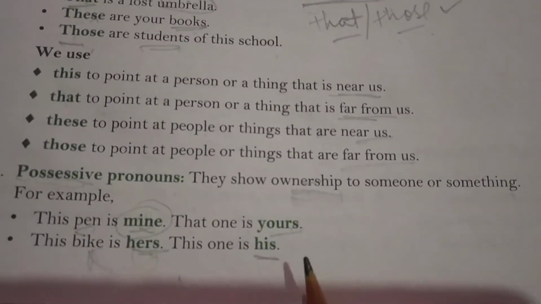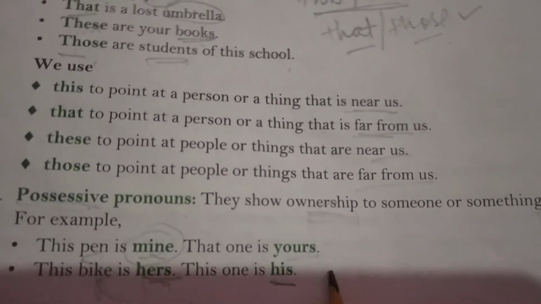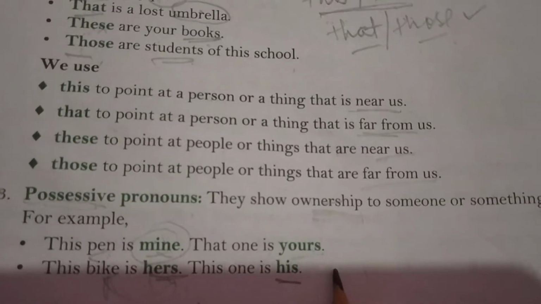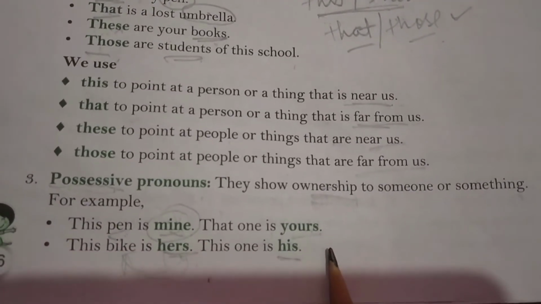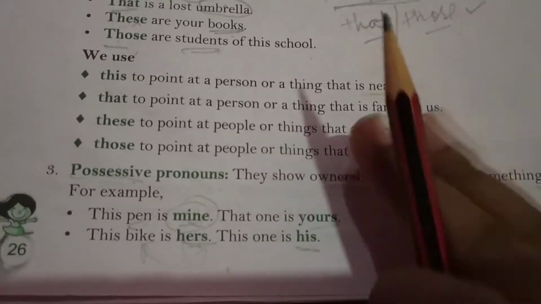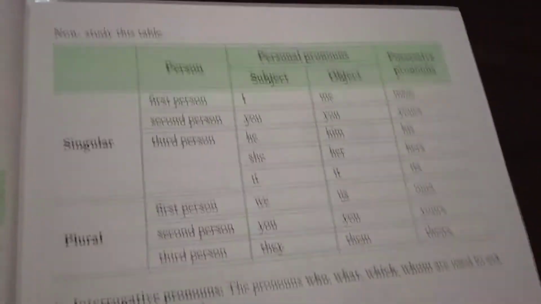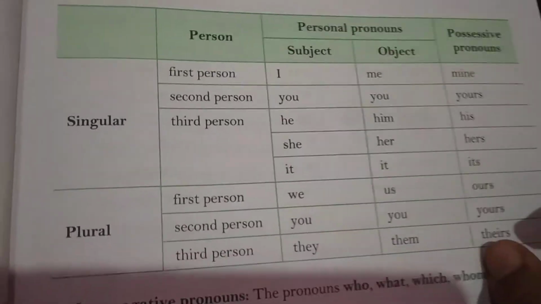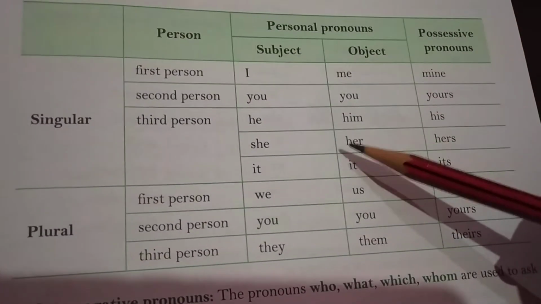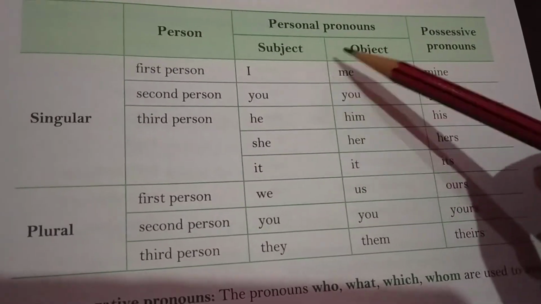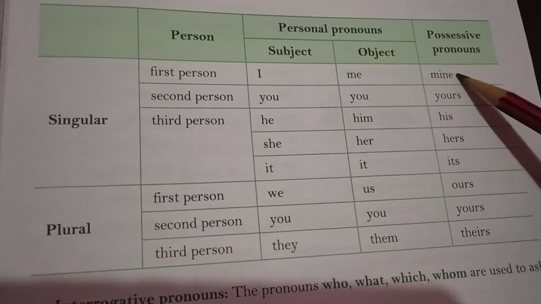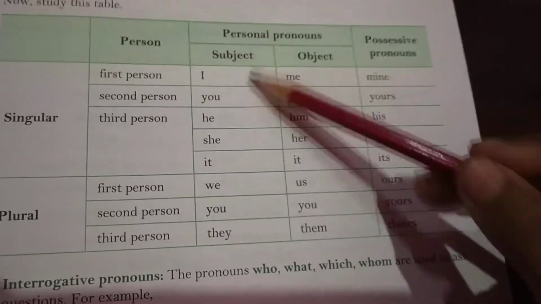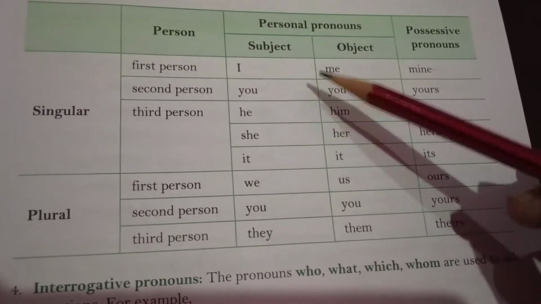Like mine, yours, his, hers, its, ours, yours, theirs. All these are possessive pronouns. Students, here is the table. As you can see, we form the possessive pronoun from the personal pronoun, and they are also singular and plural.